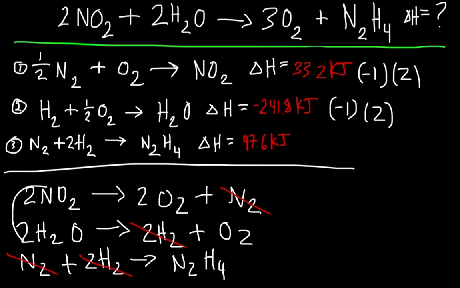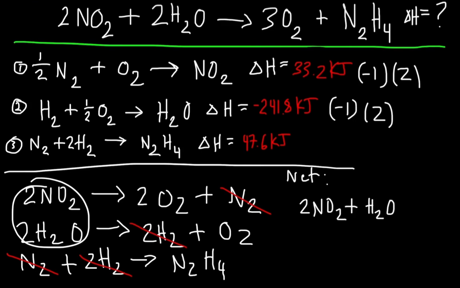So this side I'll add these, so that's gonna give our net equation. It's just going to be 2NO2 plus H2O, and then I don't have enough space, so I'm just gonna put an arrow down here and then write a new one here.